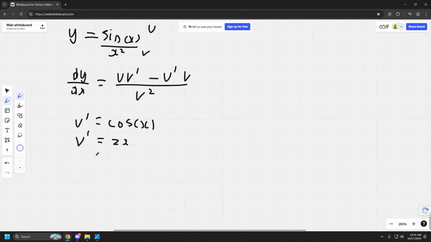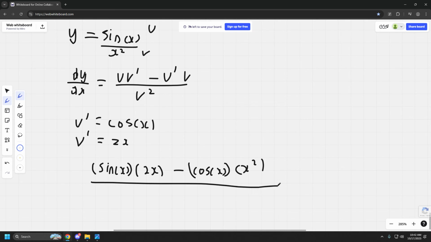Alright, so now let's plug these into our quotient rule formula. So u is equal to sine x. Wait, did I just make a mistake? No, I did not. Sine x times 2x, minus u prime, which is cos x, multiplied by x squared, divided by x to the 4th power.